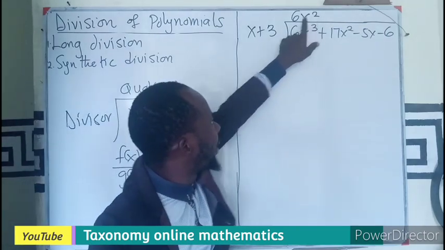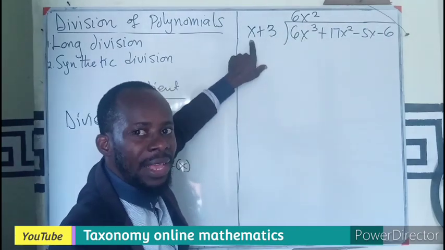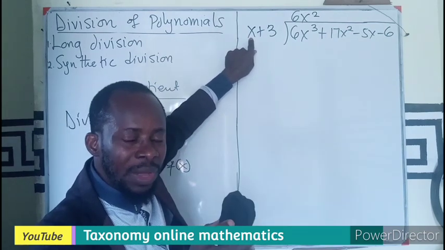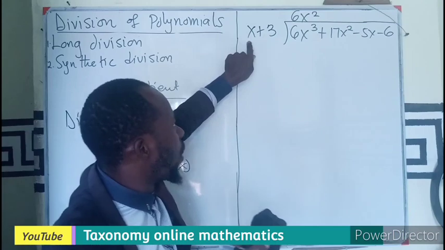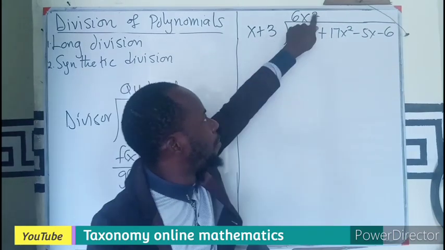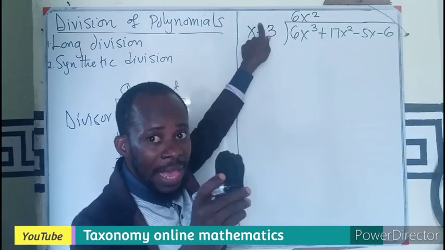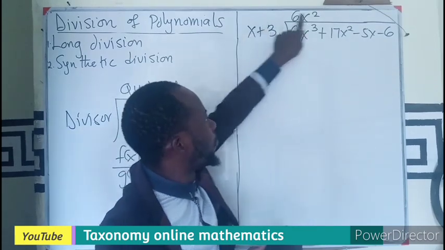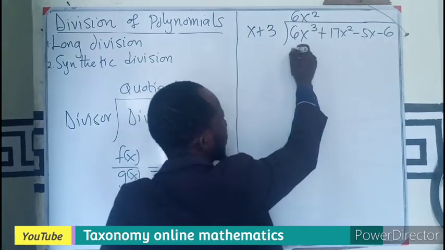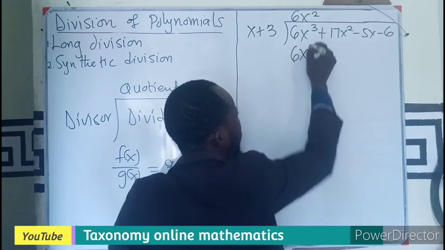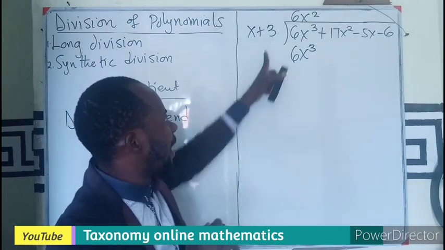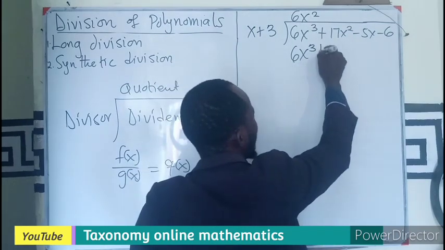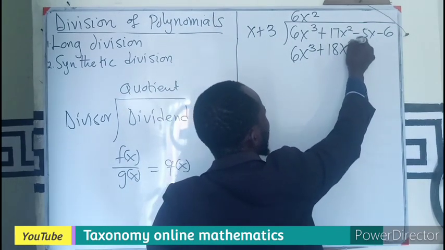That quotient will in turn multiply every term here, starting from the first one. When we use the multiplication law of indices, when you multiply the same variable, you add the exponents, meaning 1 plus 2 will give us 6x to the power 3 back. Then 3 will in turn multiply the whole of this, and that will be 18x squared.